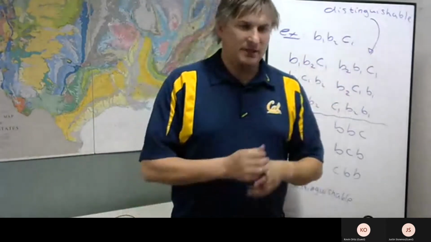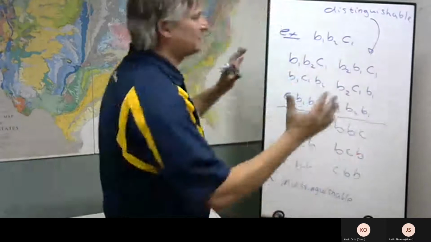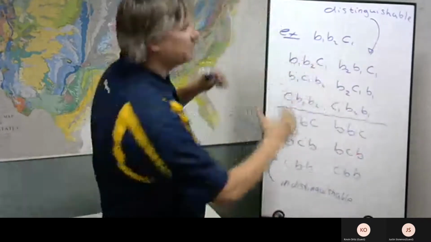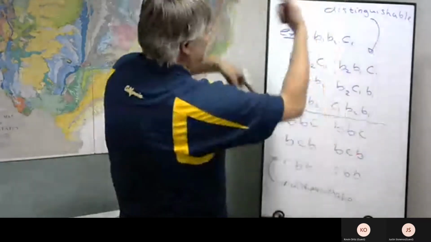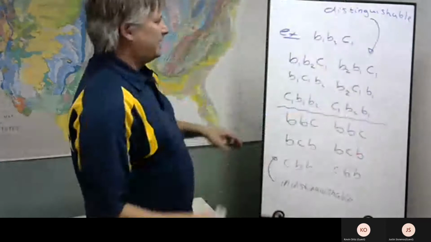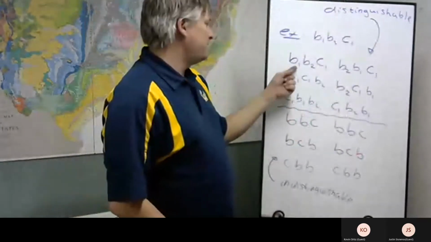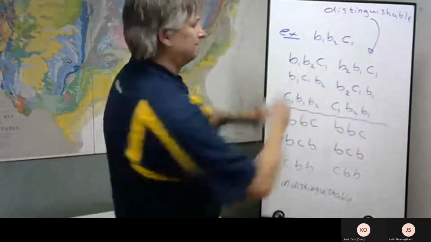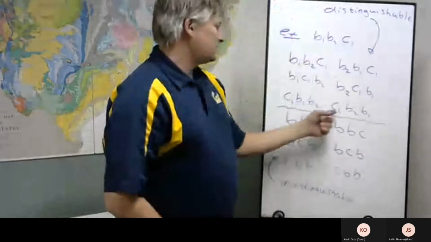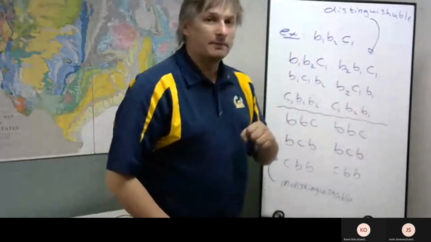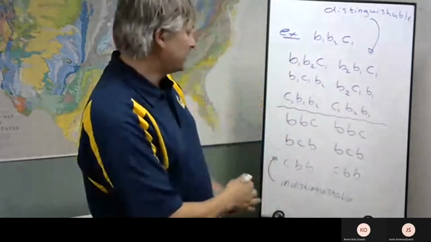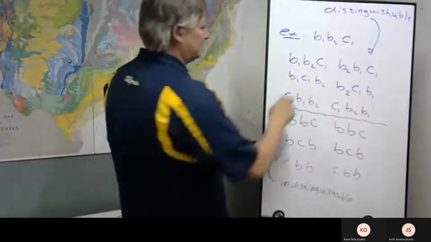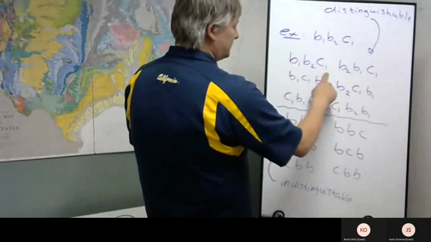If we were playing that game in Las Vegas, where you have the wheels and you pull the lever and then the wheels go, we could pull the lever and we get B1, B2, C1. Pull the lever again, we get C1, B2, B1. But down here, let me emphasize again, we pull the lever, we get this.